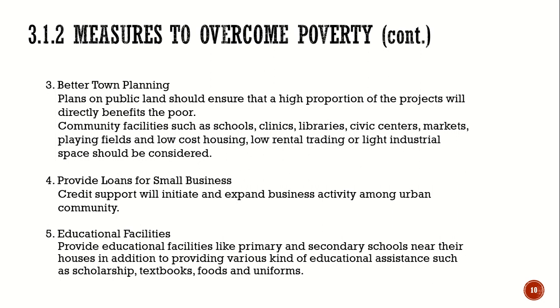And number three, better town planning. Here we are talking about the government needing to initiate good town planning. The plan on public land should ensure that a high proportion of the projects will directly benefit the poor. So we need to provide public goods such as schools, clinics, libraries, and so on and so forth.